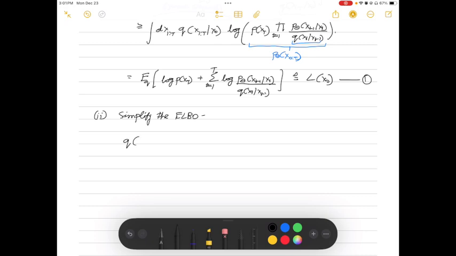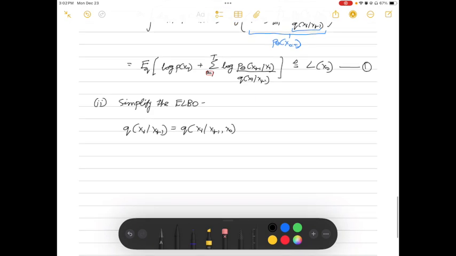If you look at this distribution q of xt given xt minus 1, by the Markov property this is equivalent to q of xt given xt minus 1 and x naught, because the information about x naught is encoded in the previous time step of the Markov chain.